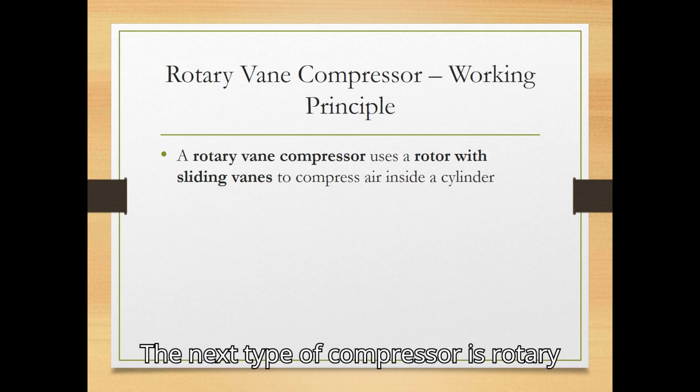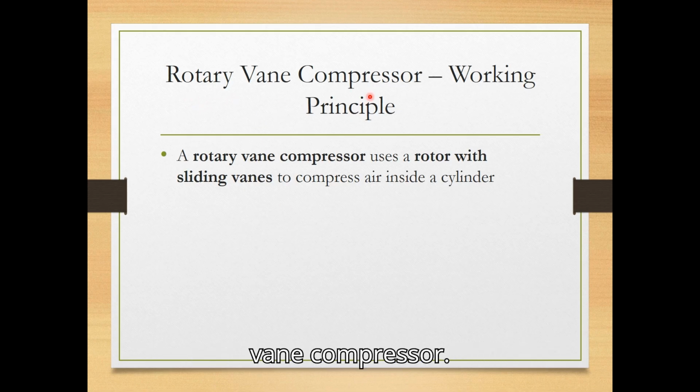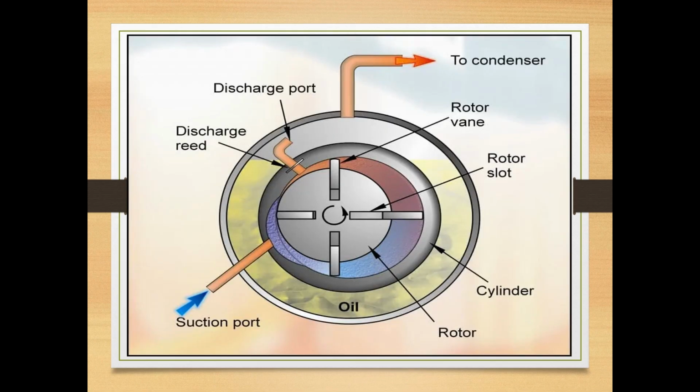The next type of compressor is the rotary vane compressor. These use a rotor with sliding vanes inside a housing. As the rotor turns, vanes slide out due to centrifugal force, trapping air and squeezing it.